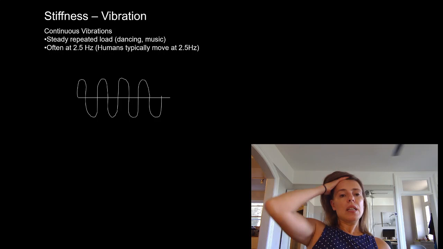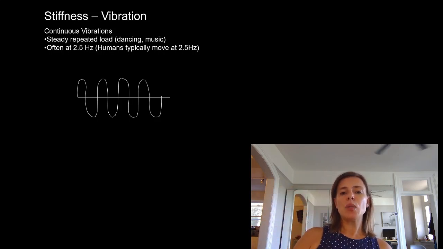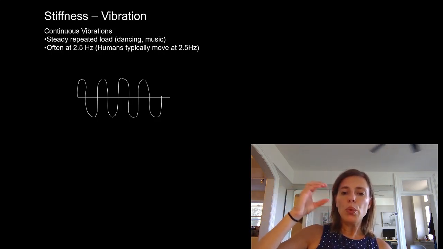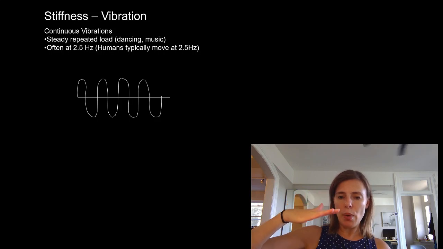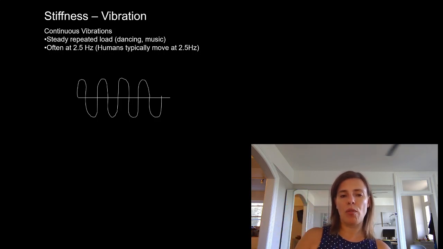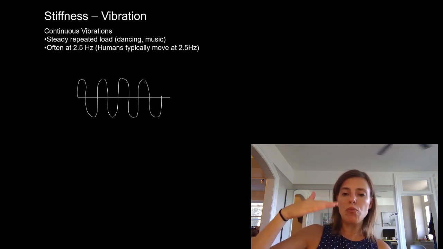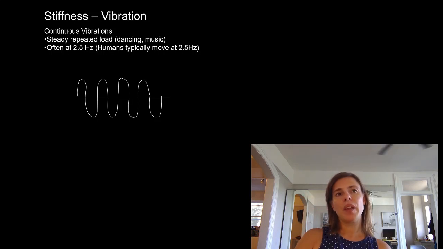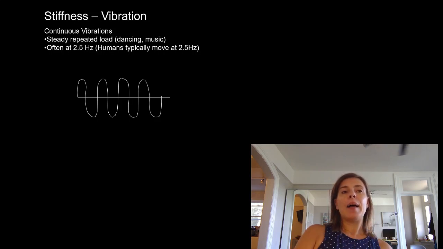Vibration. So vibration is when things will move continuously. So we're not talking about a deformation that kind of sticks around for a while. We're talking about a really rapid vibration of something. One of the types of vibration we worry about is a continuous vibration. That would be a steady repeated load, like dancing or music.